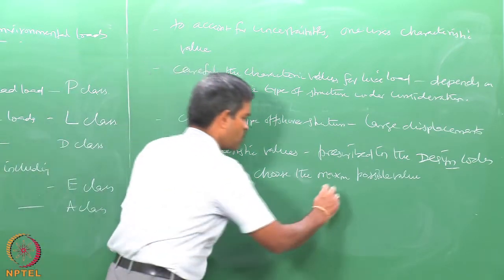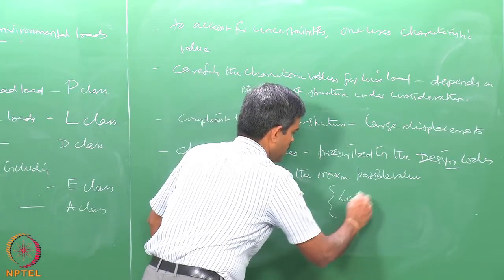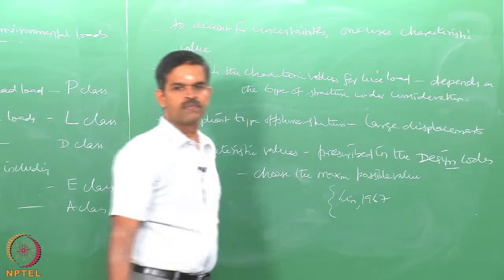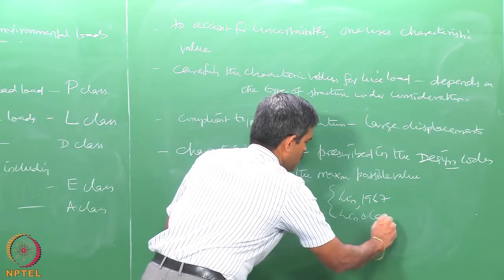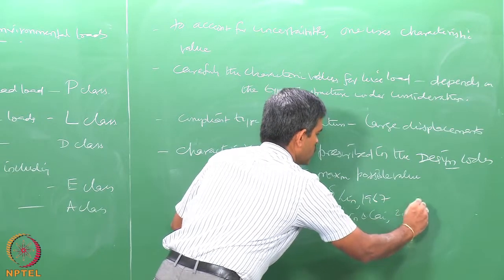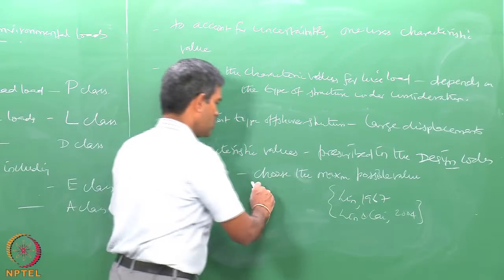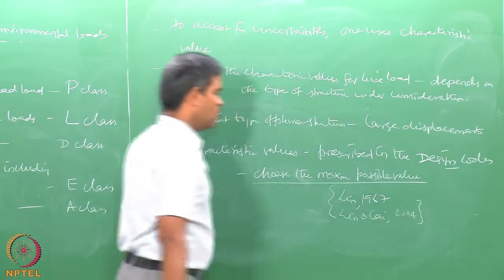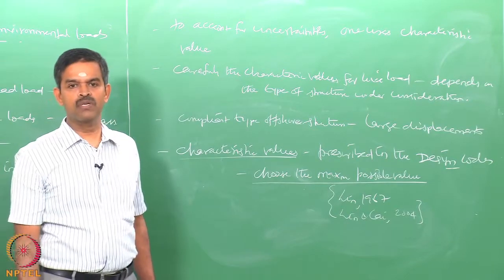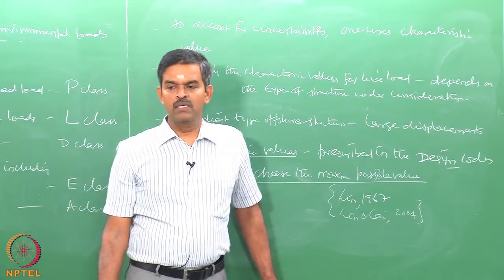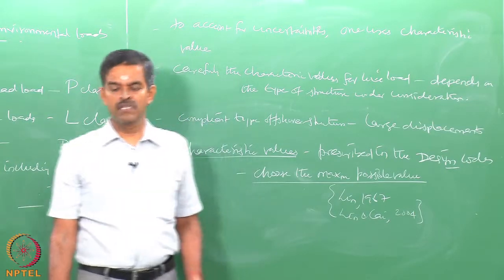Of course, this is supported by different researchers, Lin 1967, Lin and Kai 2004. They advocate that one should choose the maximum possible value of the characteristic values prescribed in the design codes, so that they can take care of the highest possible uncertainties.